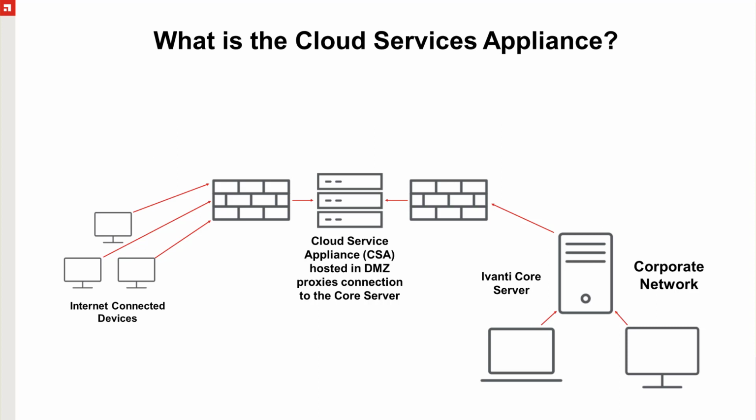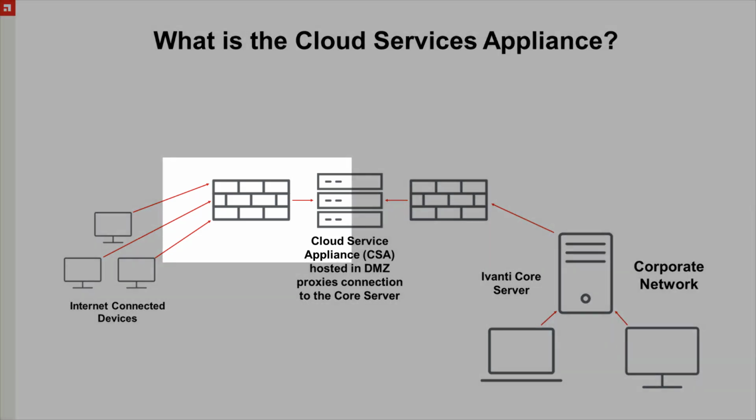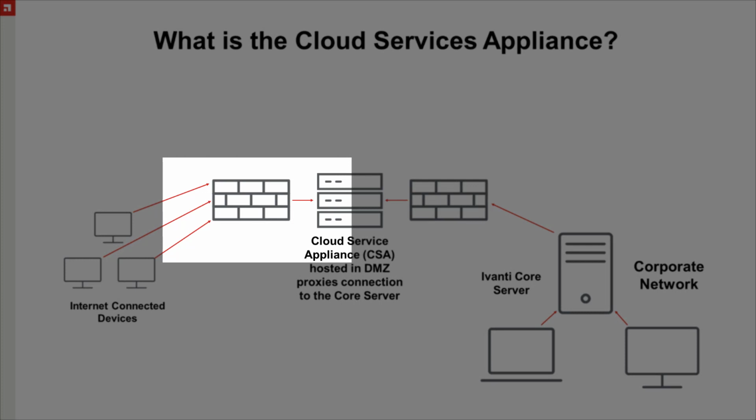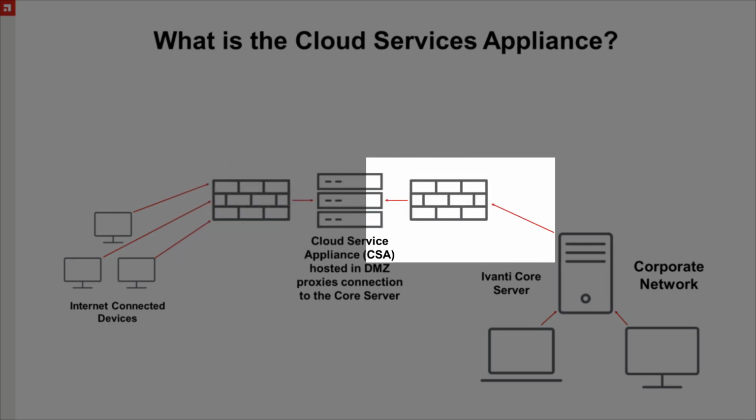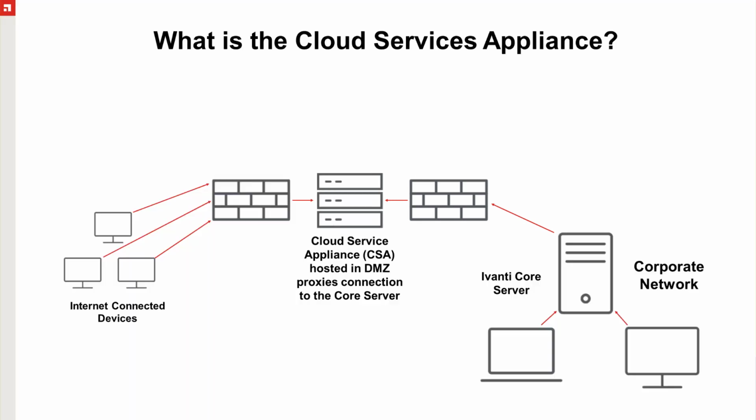Now I want you to pay special attention to the order of the arrows, because this is really the significance here. These represent firewalls, right? This is the firewall to the public internet, and this is the firewall between your DMZ and your corporate network. The Cloud Service Appliance, for the most part, other than certain maintenance tasks, doesn't make connections.